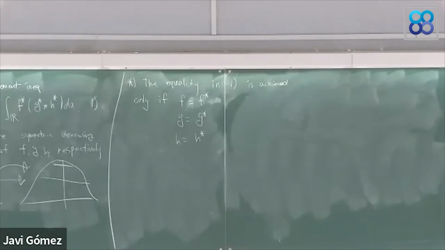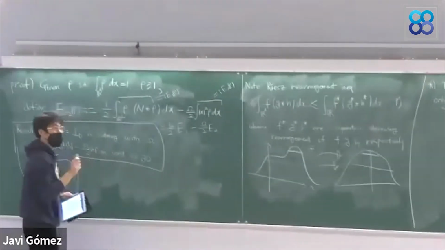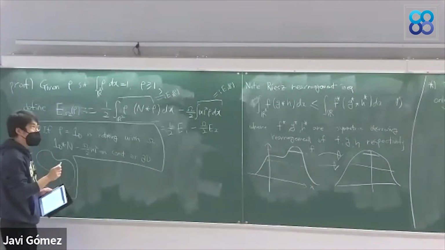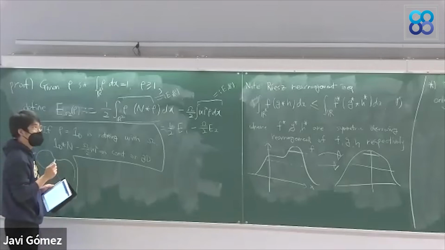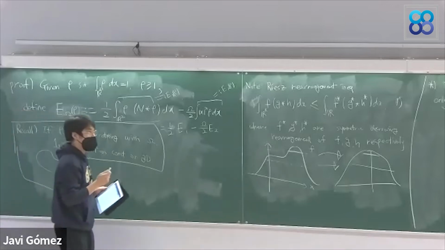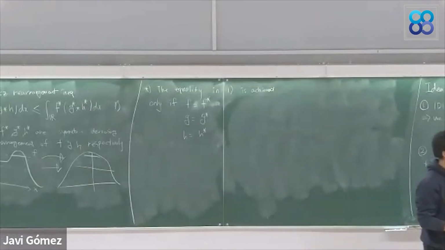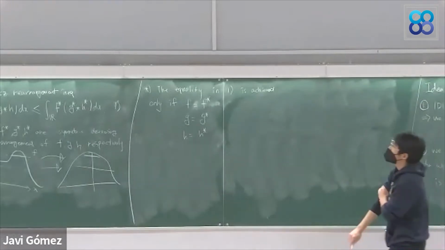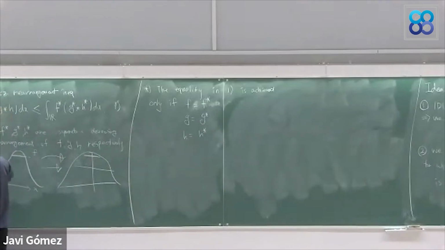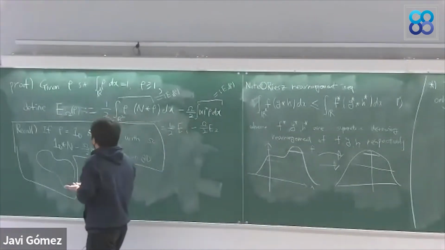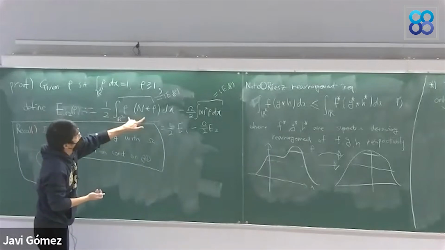Then this implies that this functional has a unique minimizer, and the minimizer has to be the radial symmetric function, right? And that's the first observation. So we have some idea about the minimizer of this functional.